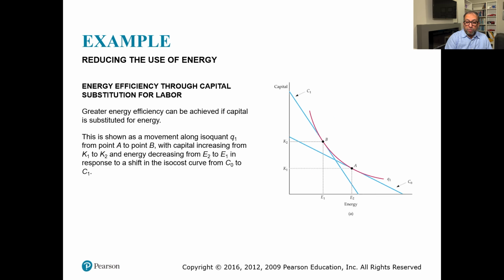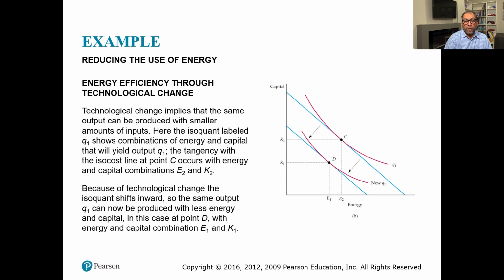Now this one is just a change in the cost of capital and cost of energy. But when technology improves, it means that the technology makes it possible that both inputs are going to be cheaper, or less expensive. So in that case, technology change implies that the same output can be produced with a smaller amount of inputs.